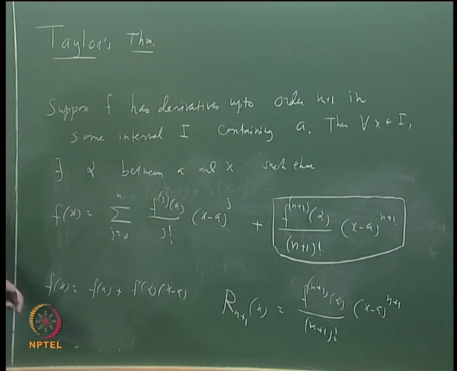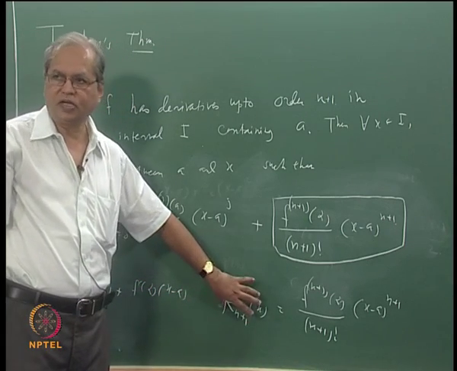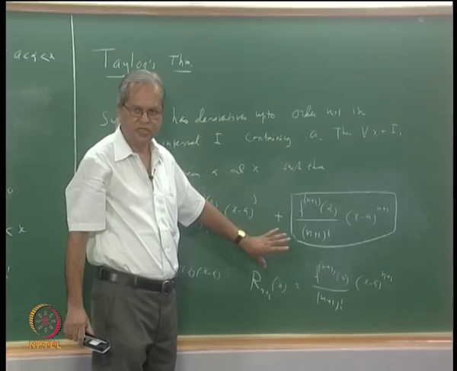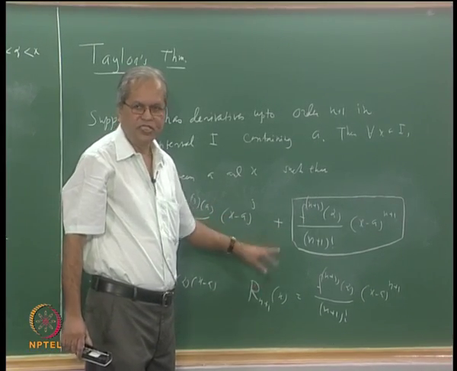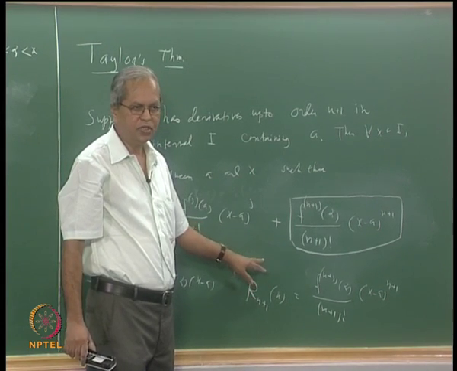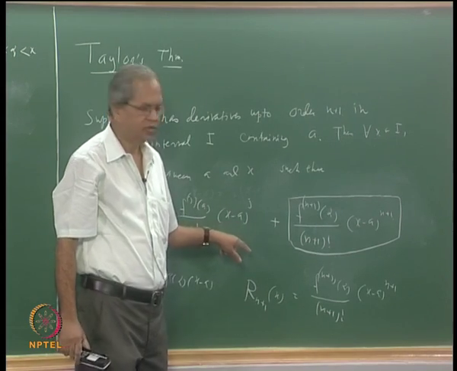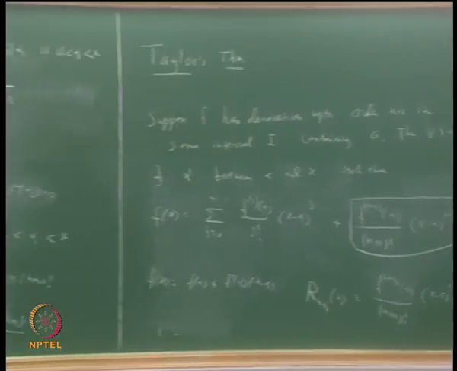Now suppose you are able to show that for a fixed value of x, this R n plus 1 x will be a sequence, right, for each n you have a value. So if this sequence goes to 0, what does it mean? It means that for that particular x, this infinite series will converge. What is that infinite series?